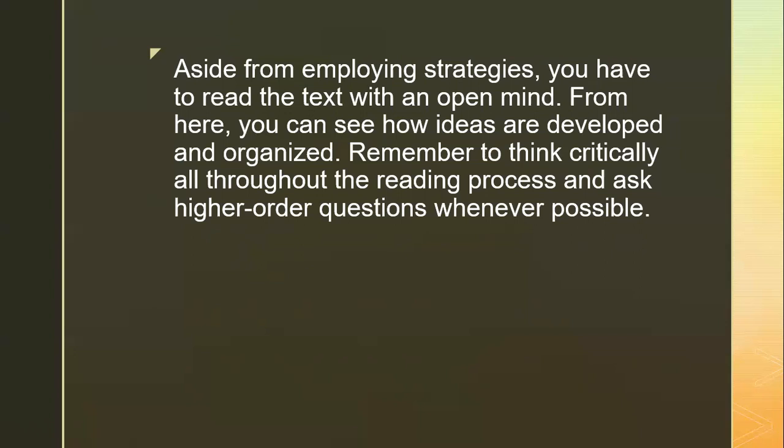So you need to see how the sentences and the contents are being organized and developed, because from there you'll be able to understand the implied messages. It's also very important to ask critical questions that will stir a comprehensible discussion.